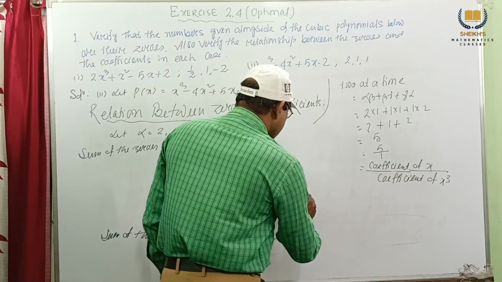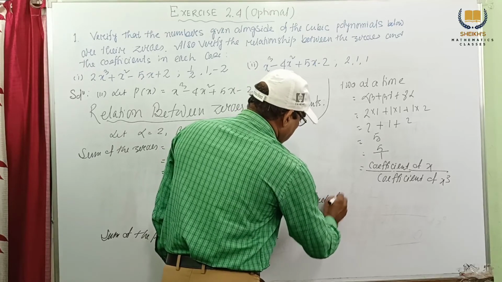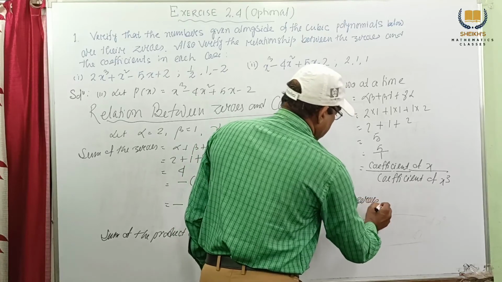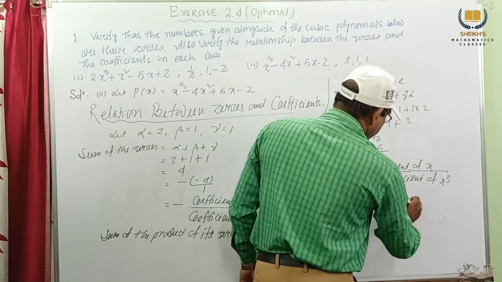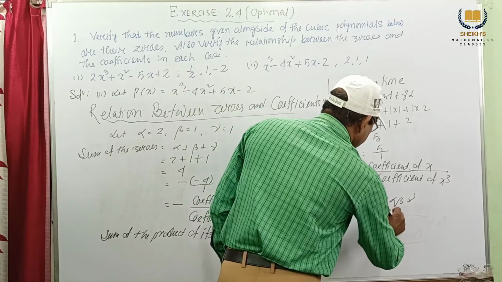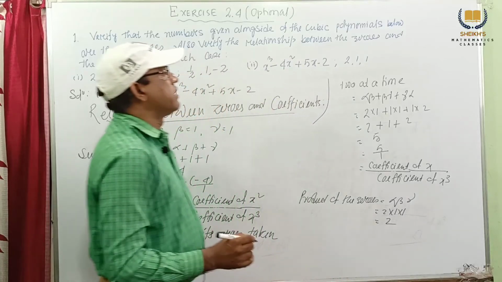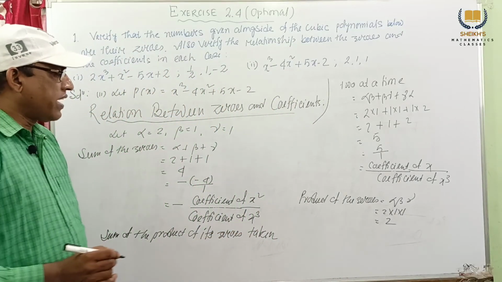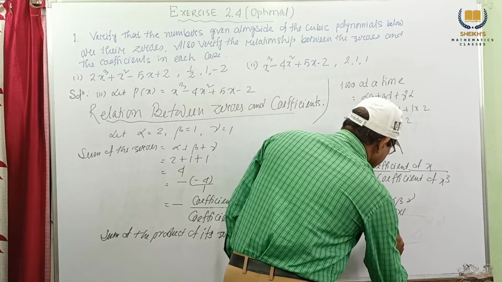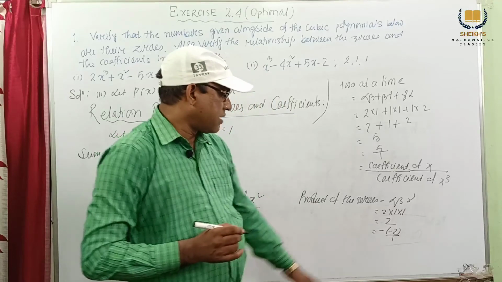Now the product of the zeros. Third one, the product of the zeros. This is alpha beta gamma. Alpha is 2, beta is 1, gamma is 1. The result is 2. Then this 2 can be written as minus of minus 2 by 1.